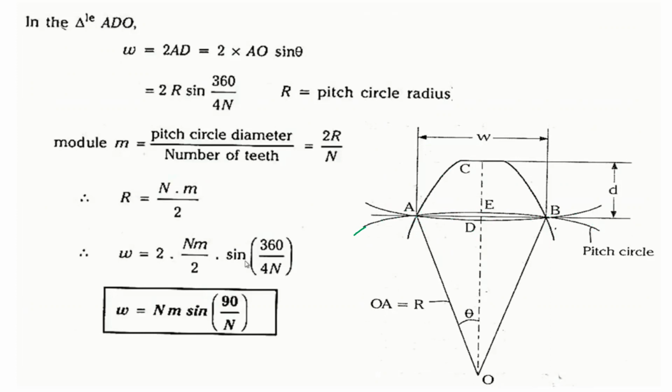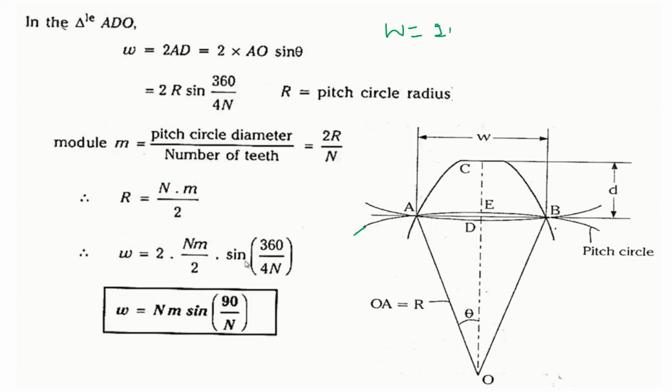If you join A and B to the center of the circle, theta is the angle made by half of the chord AD. So here W is nothing but 2 times the AD, right?